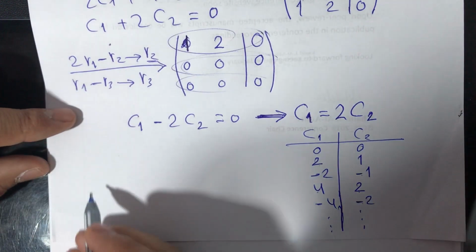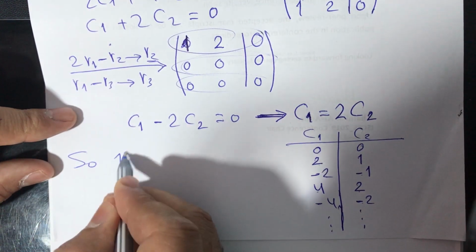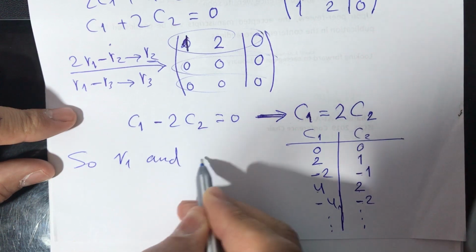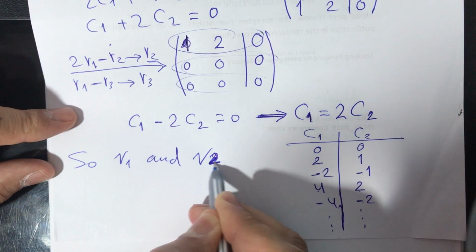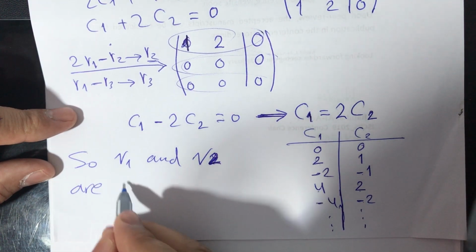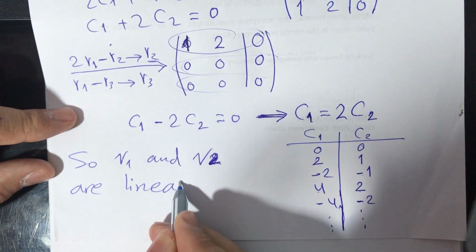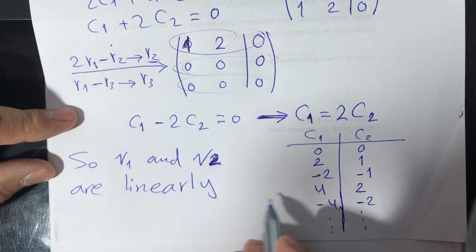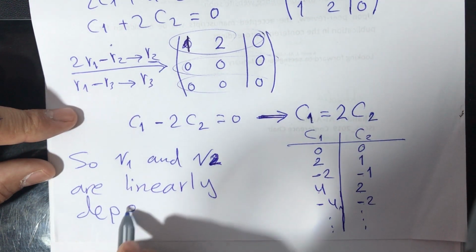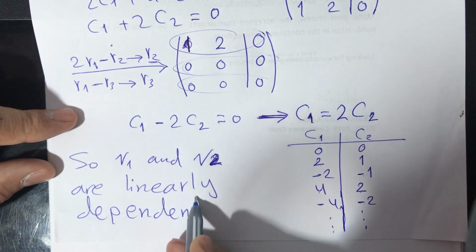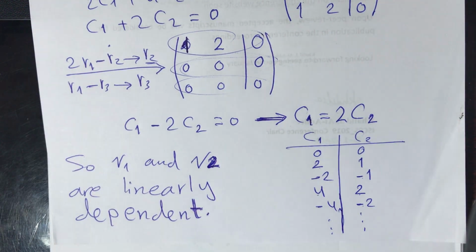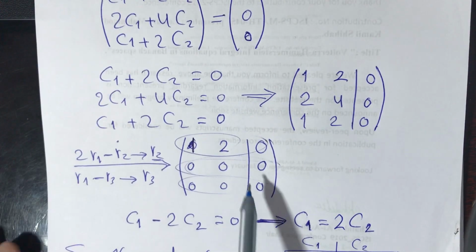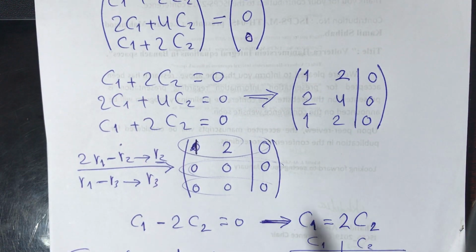So V1 and V2 are linearly dependent, because this system has infinitely many solutions, not just one solution.